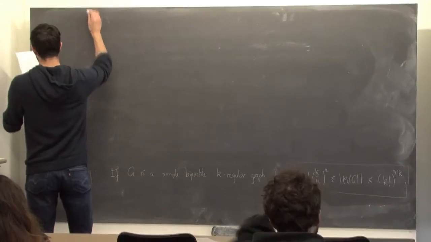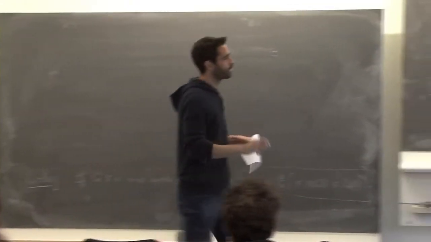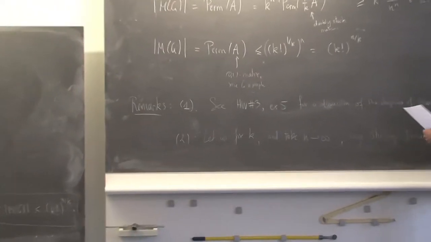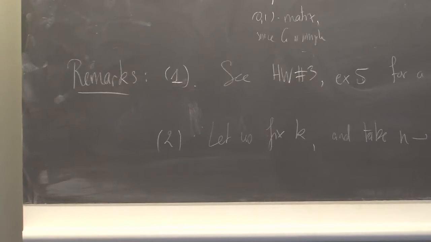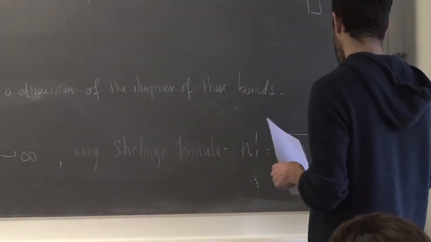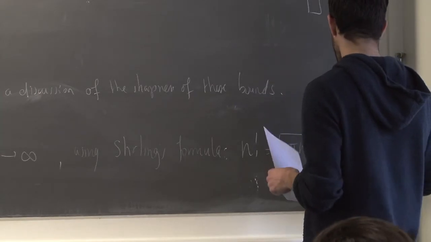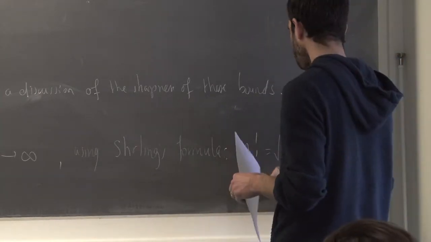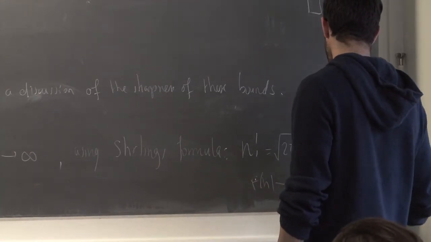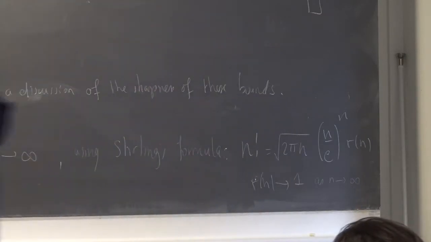So Stirling's formula, I use it in the following form. Maybe there are several forms. n factorial is square root of 2 pi n, times (n over e) to the n, times r of n, with r of n going to 1 as n goes to infinity. You just plug in: you take this inequality, replace n factorial with this, and take logarithm, and what do we get?